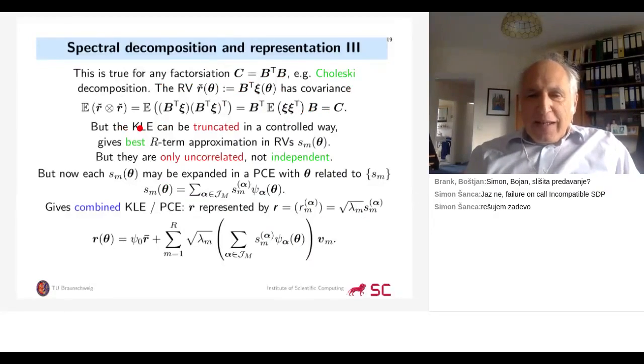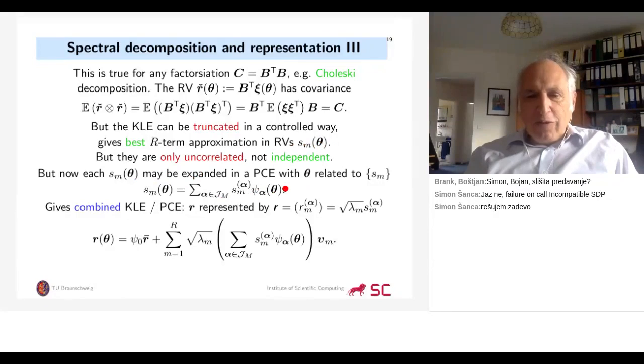But the KLE can be truncated in a controlled way, and this gives the best R-term approximation, best in variance in our case, with just R random variables Sm, which are uncorrelated. The problem is they are only uncorrelated and not independent. But now we have only R of them, and we can expand these in independent Gaussians, but we only need R of them.